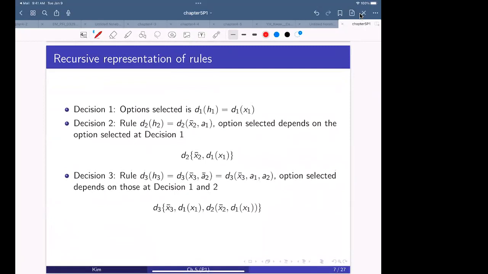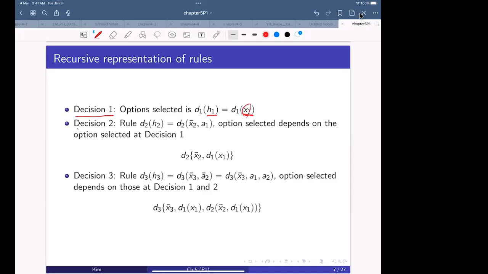So we can write the rules recursively. At decision time 1, it's just simple: you just use the initial baseline information.